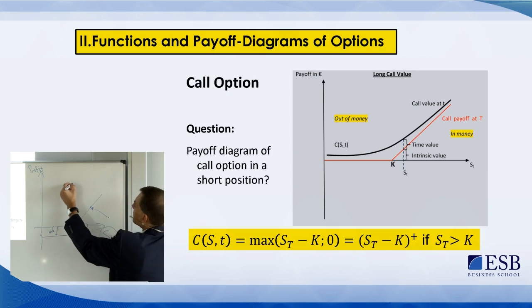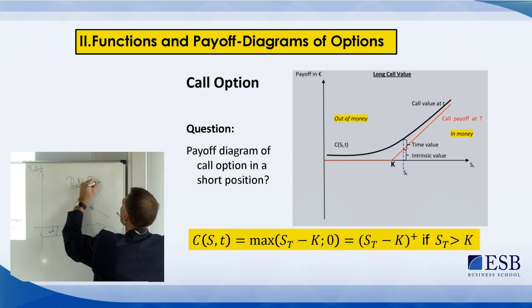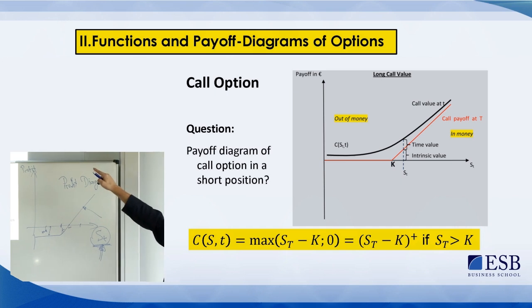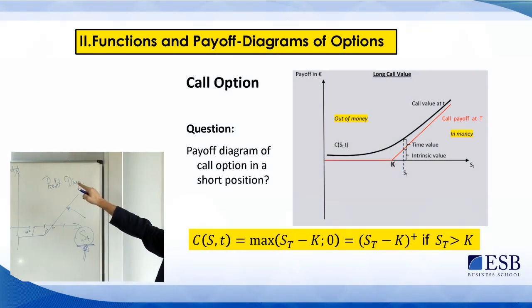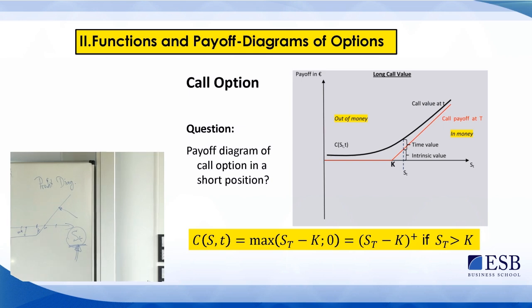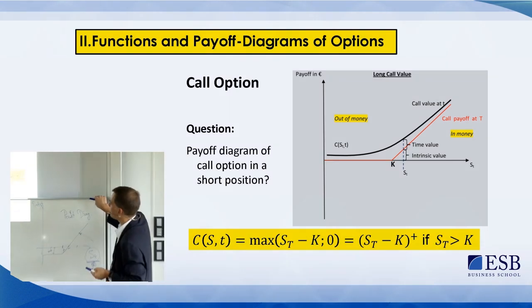So this is, again, a profit diagram, and this on the screen is the payoff. Very important to distinguish these two. Profit includes the initial investment. Payoff is just the payoff.